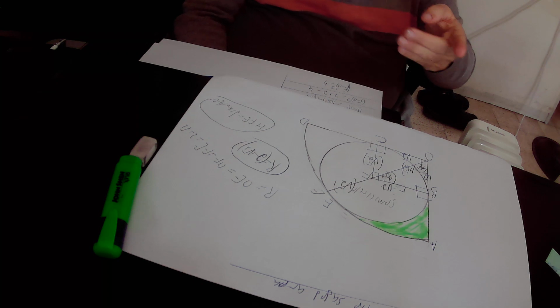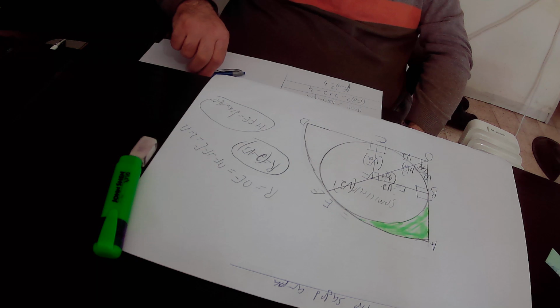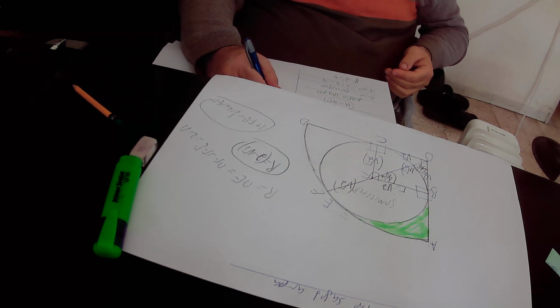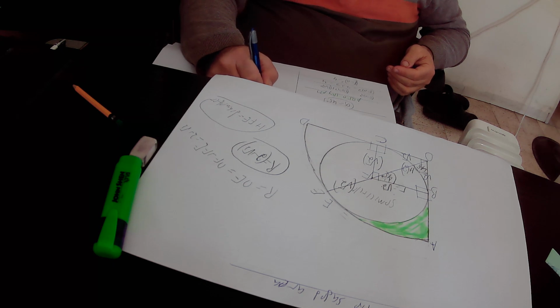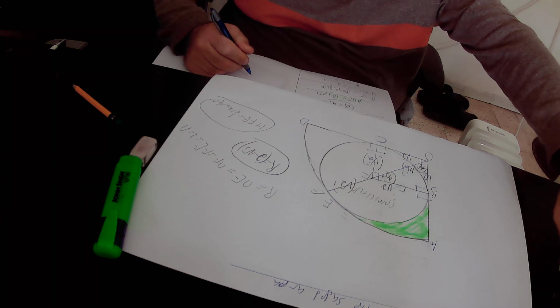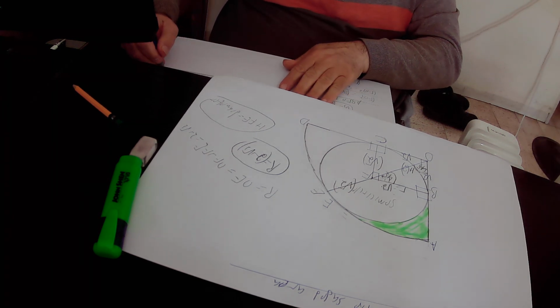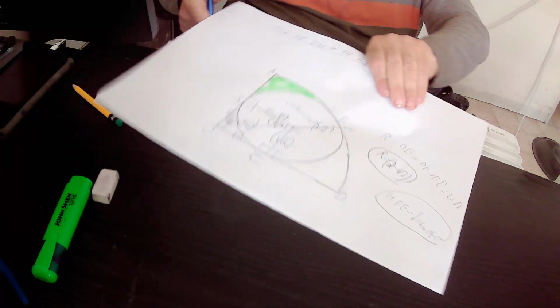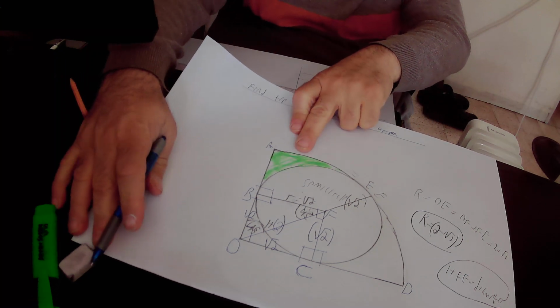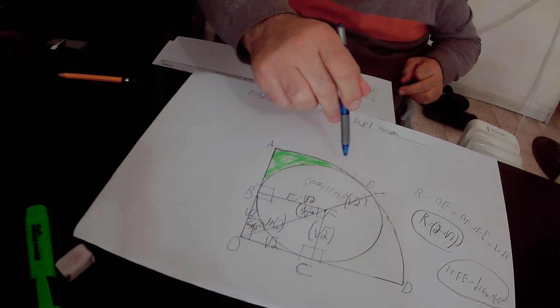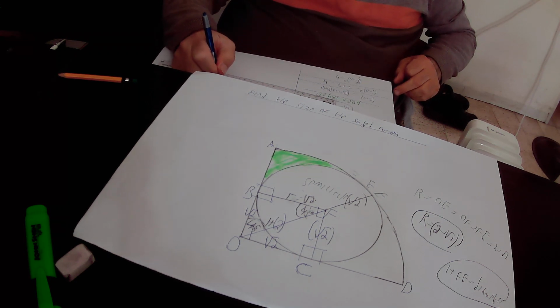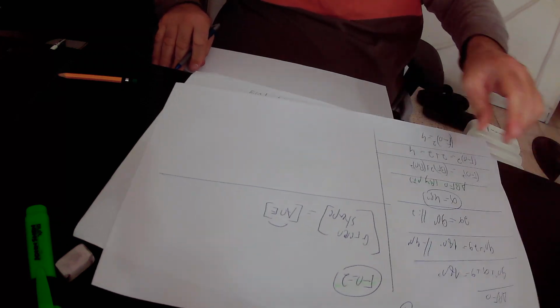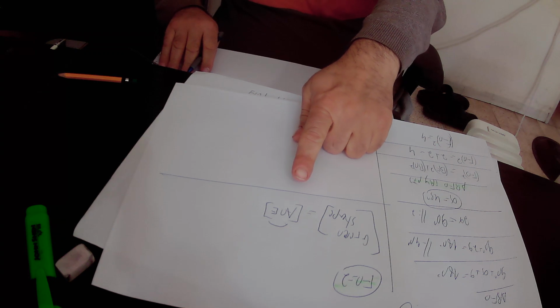So our mission is to find out the area of this green shape. From the drawing, it is very easy to see that the area of this green shape equals the area of sector AOE.